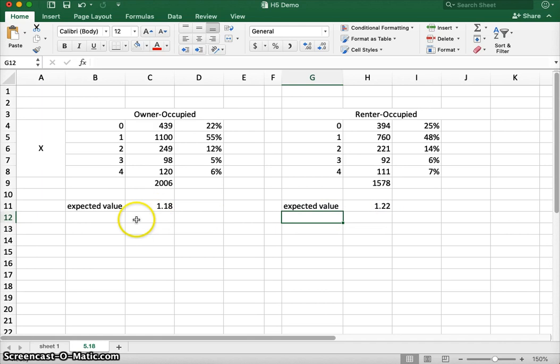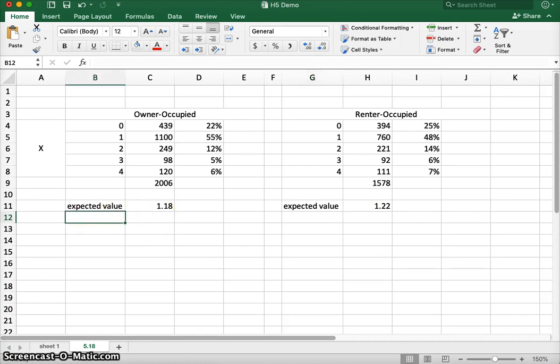So we can see that people in renter-occupied homes are slightly more likely to experience a water shutoff than people in owner-occupied homes.